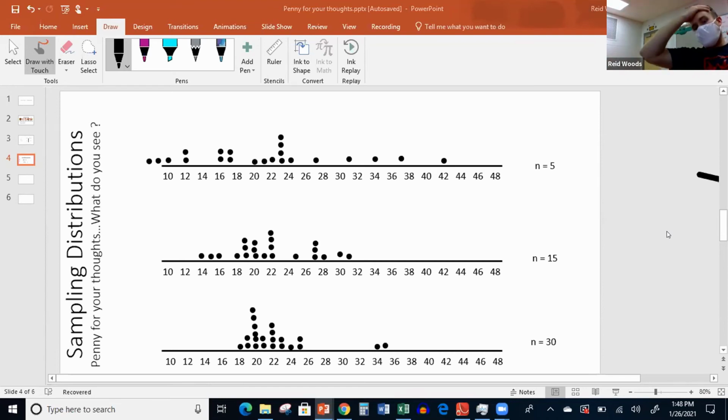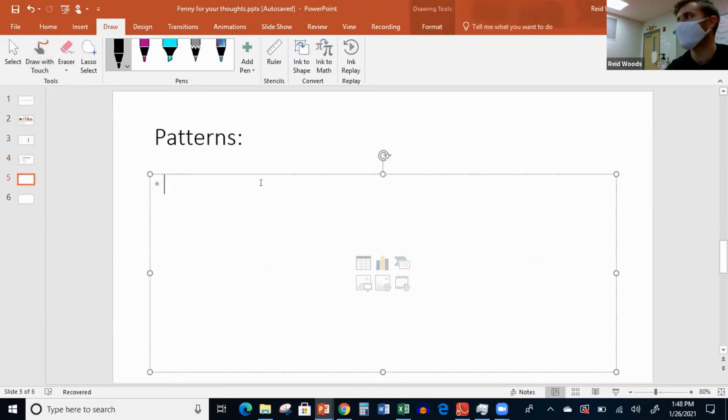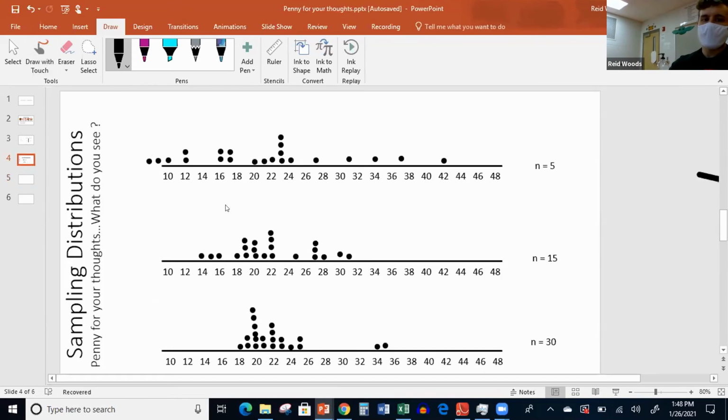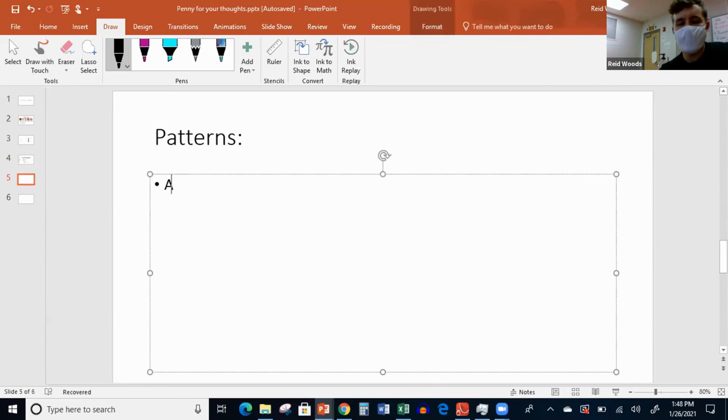Okay, so we see this pattern continues, right? That's some of the things we're going to write down underneath this. Let's talk about the patterns that we're seeing in these distributions. The pattern that's happening here is as we increase the sample size, we're going to call it this variability.